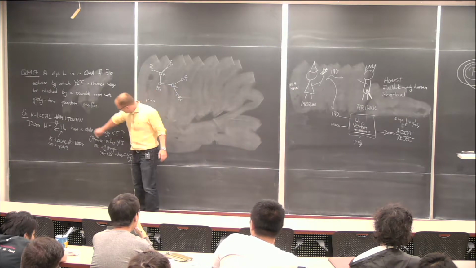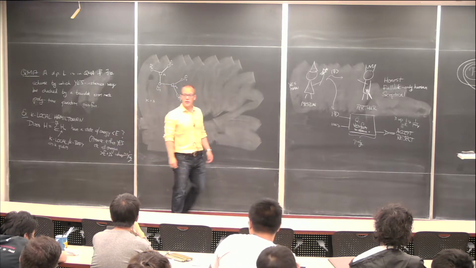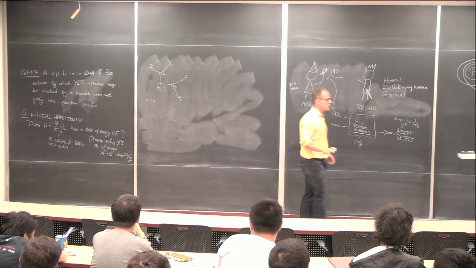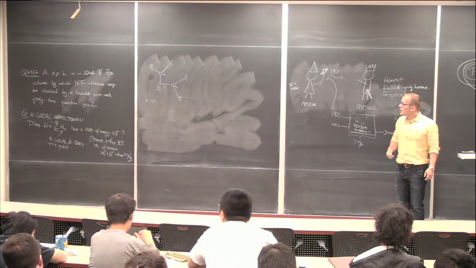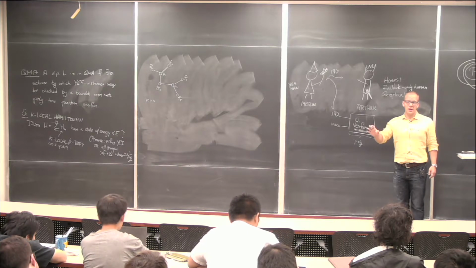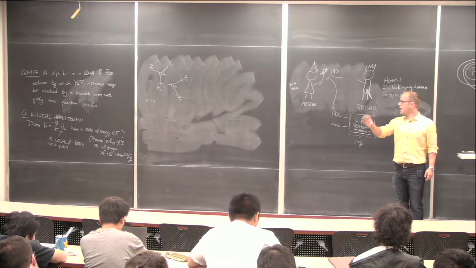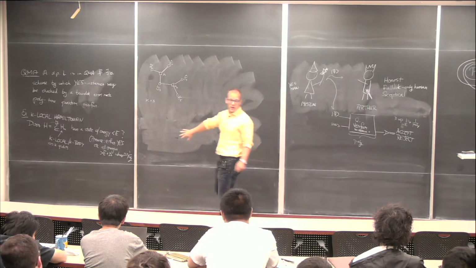Now, can anybody figure out why there's this weird promise? So promises have a strange role. They're actually important in complexity theory. They basically are saying, this is my question. However, I promise that I will never ask you an instance which doesn't satisfy the promise.